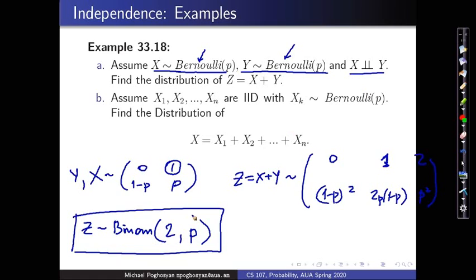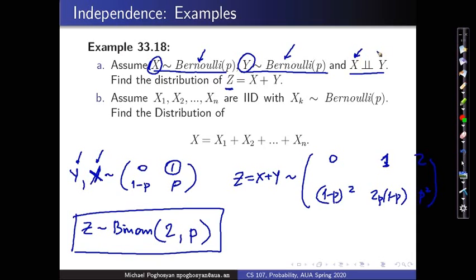So, the explanation of this. What is X showing, what is Y showing, and what is Z showing? X is Bernoulli, that is, X is 1 if we have success in one trial and 0 if we have failure. Y is for the second trial. So we are doing two trials. The first is described by X, the second is described by Y. Y is 1 if in the second trial we have success, and Y is 0 otherwise.